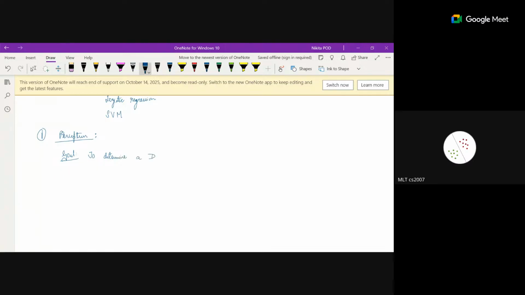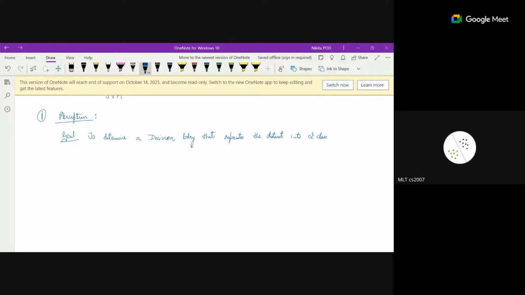Determine a decision boundary that separates the data set into two classes, right?